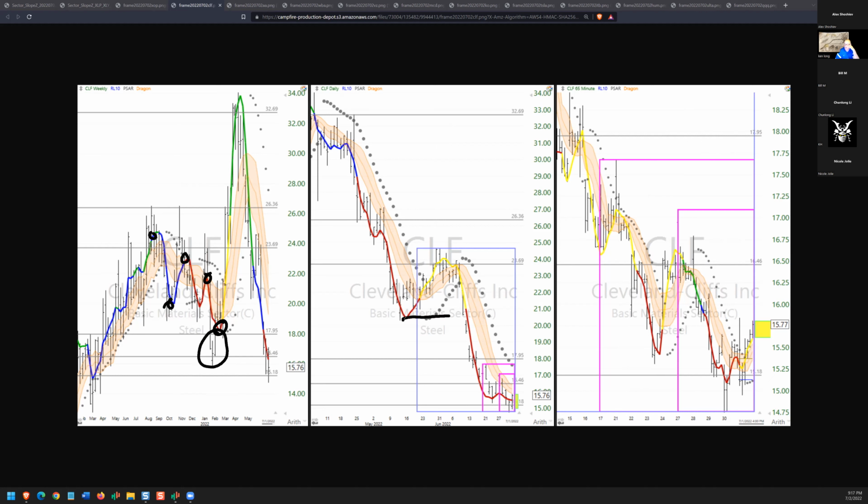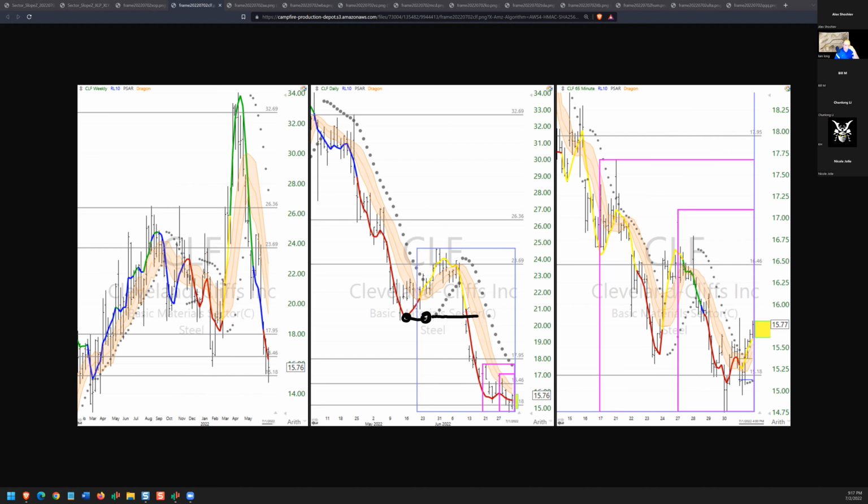Again, you can see that one here. Notice that when the RL10 breaks, and notice that the RL10 always connects to the PSAR because math.